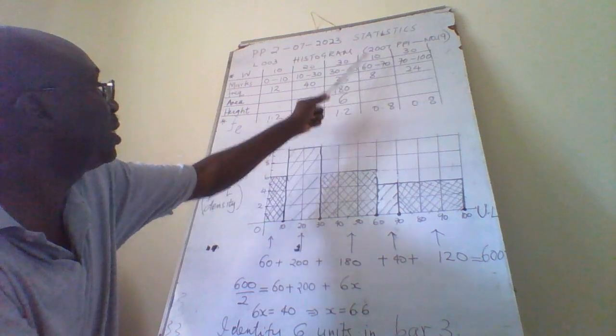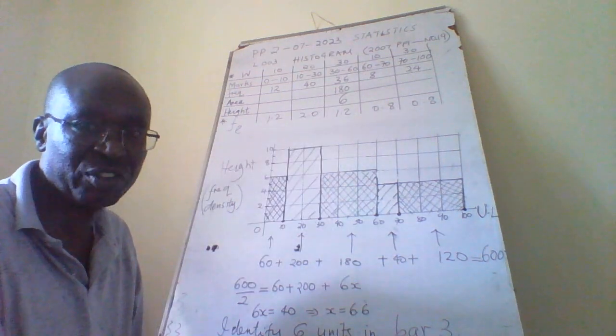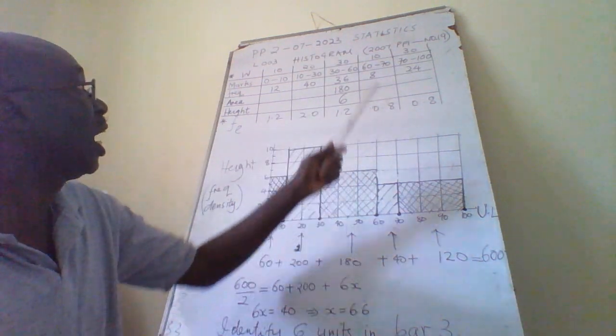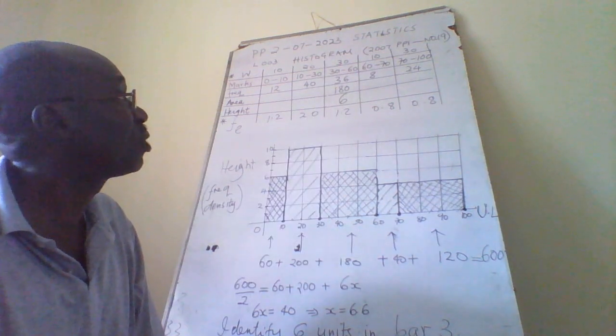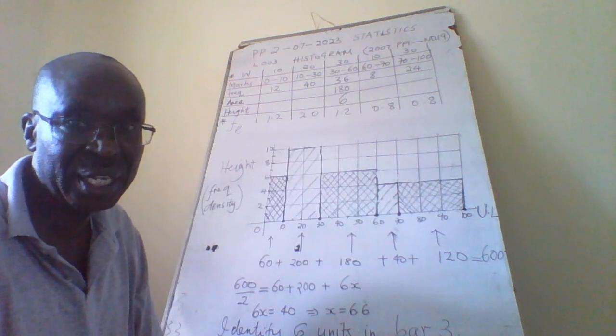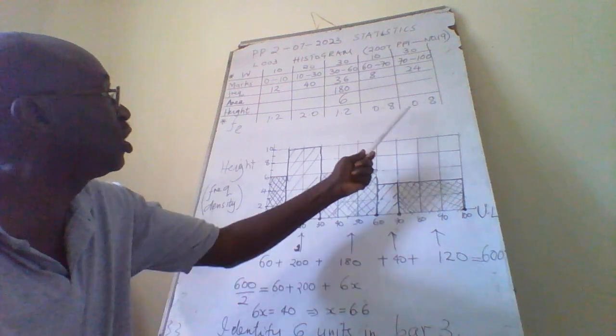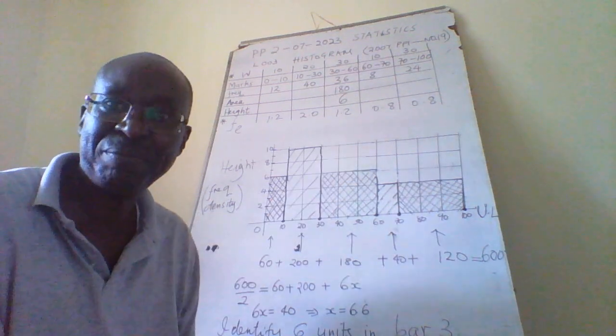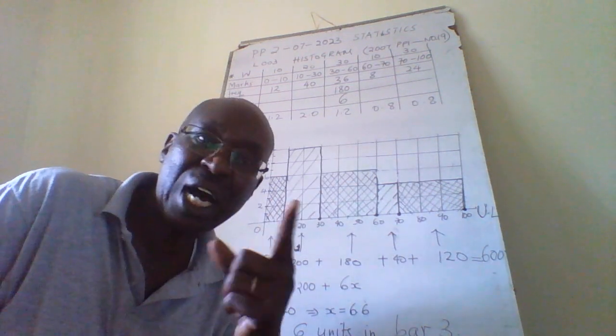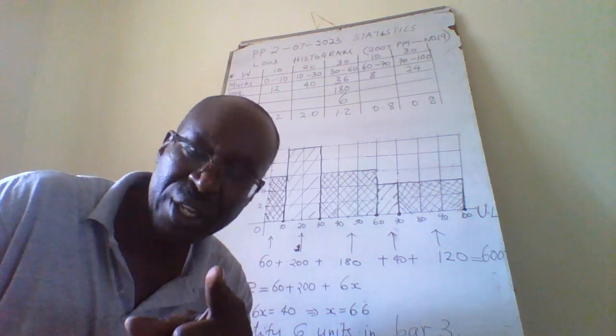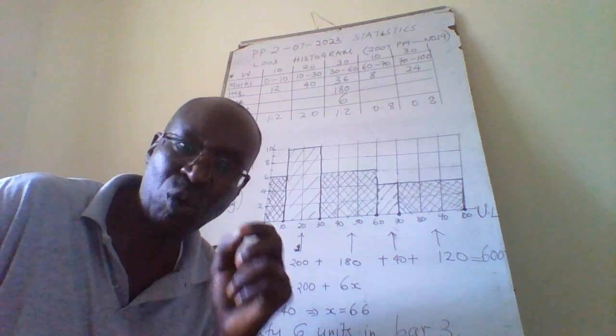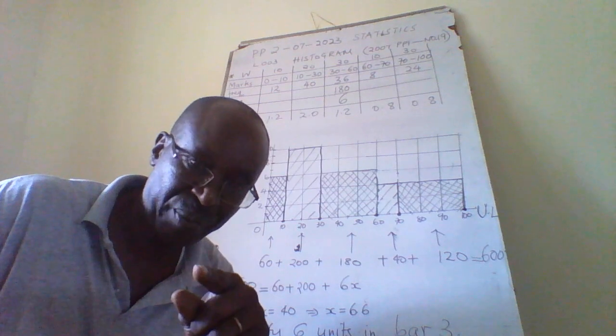You take 8 divided by 10 gives me 0.8. And also 24 divided by 30 gives me 0.8. So learn how to get width, learn how to get what we call frequency density.